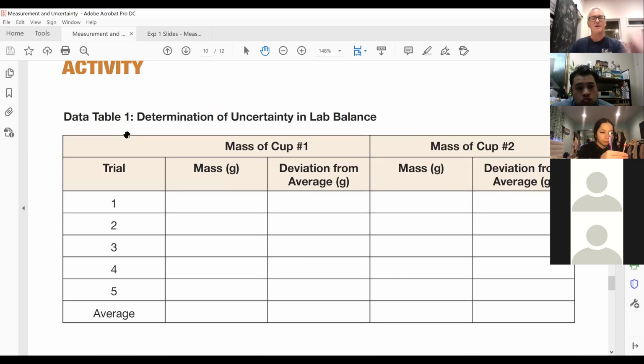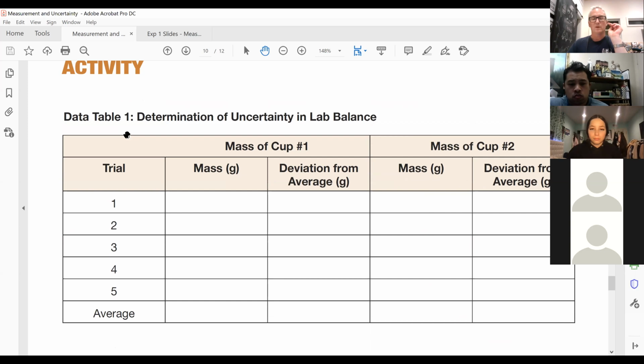So you calculate the average when you've got your 5 measurements. And then each deviation is how far away each one of those trials, 1, 2, 3, 4, and 5, was. There'll be 5 separate masses, right? How far was each one of them from the mean, or from the average? And those should be really small numbers.